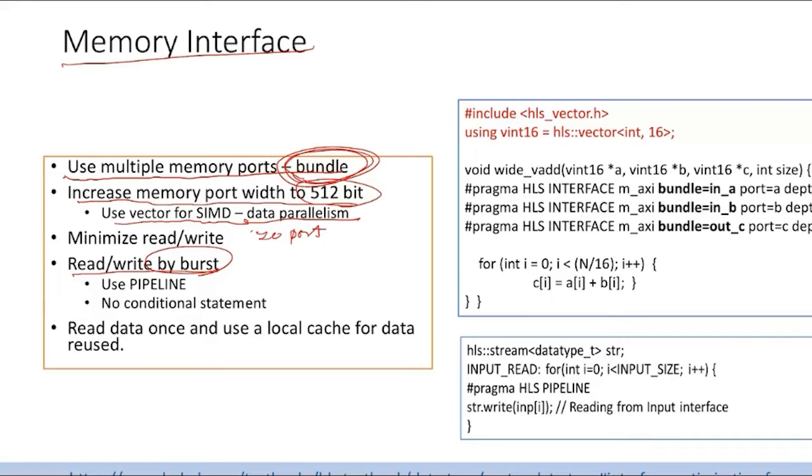To do the burst, you use a pipeline and make sure the for loop with the pipeline doesn't have any conditional statement, because the conditional statement prevents the bursting. And if you have multiple accesses to the read data, as I said, you try to read once and use a local cache for data reuse.